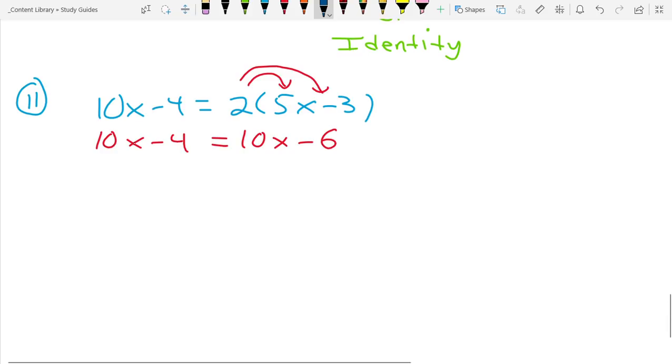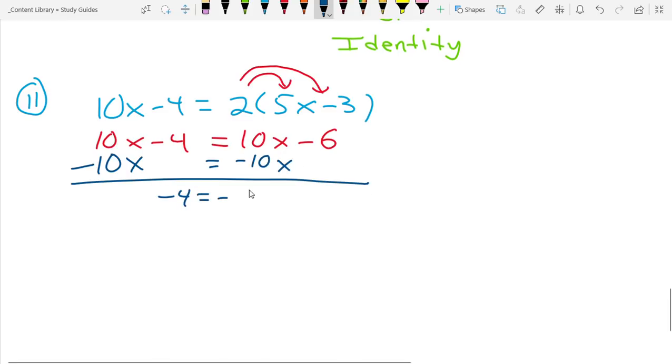I'm going to say left side, you can't have those 10x's, so I'm going to take them away from you, which means I take them away from the other side too. And I'm left with negative 4 equals negative 6. Now this is different. Again, variables are gone. We have a number statement, but this number statement is false, in which case we don't write infinite solutions, we write no solution.